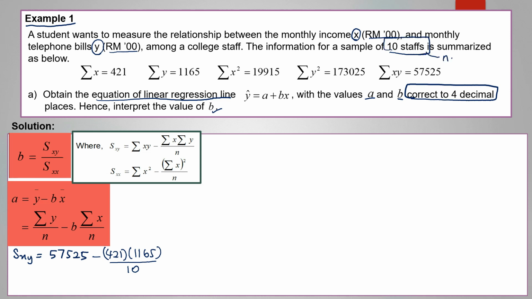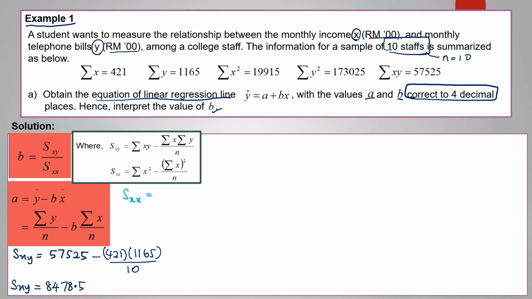So n is equal to 10. So the answer for Sxy would be 8,478.5.